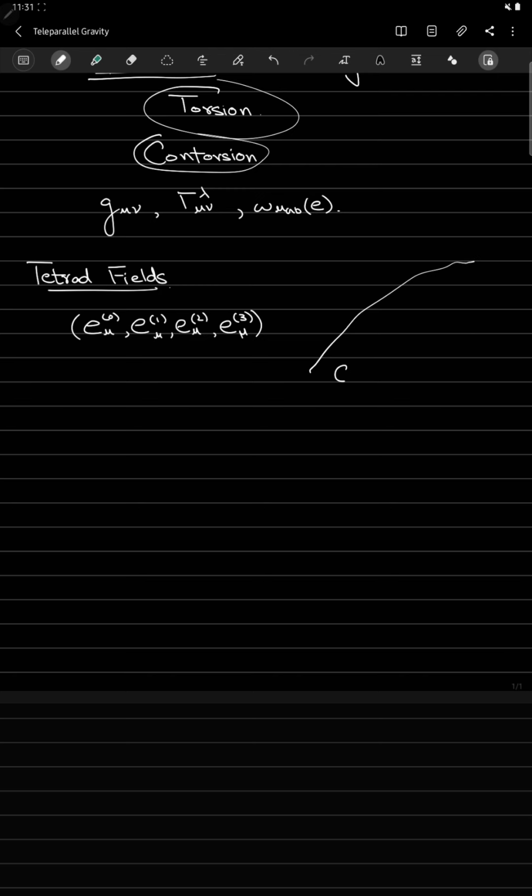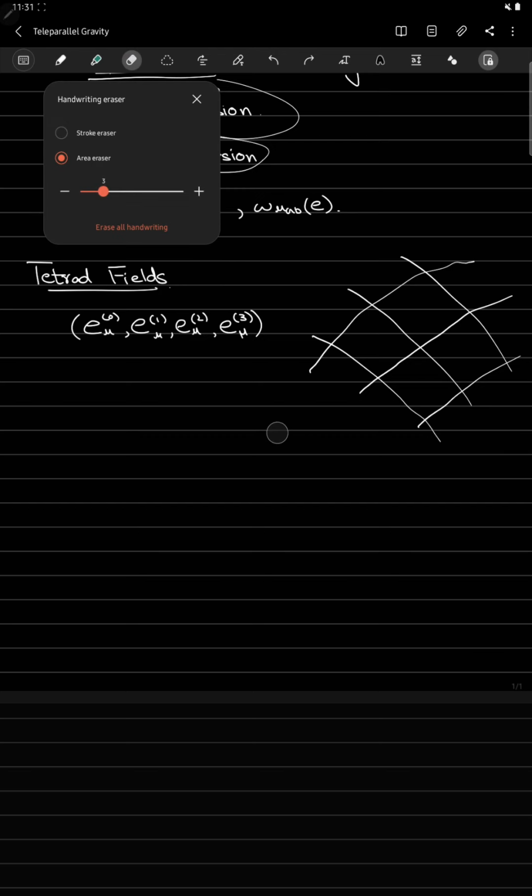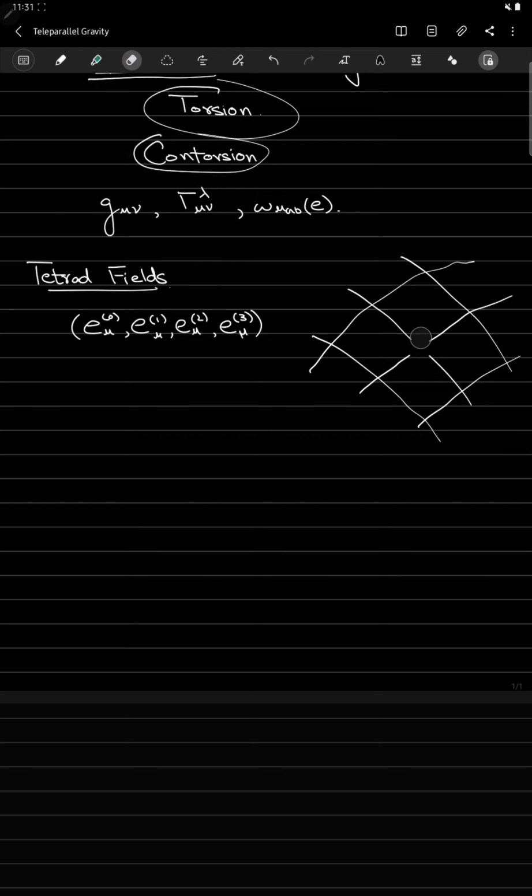So it's something like you have a global space that is defined like this, and in here you have an observer, right?